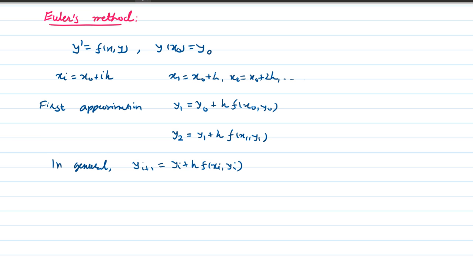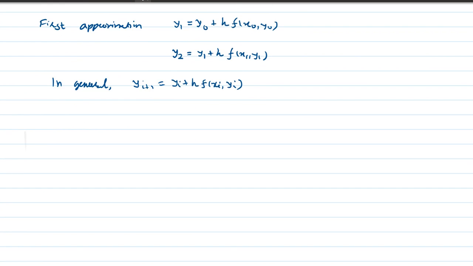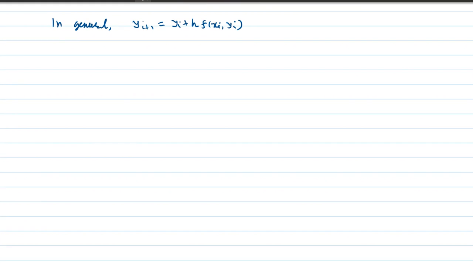Now let us consider this by means of an example. The example says: solve the differential equation dy by dx equals x minus y square.